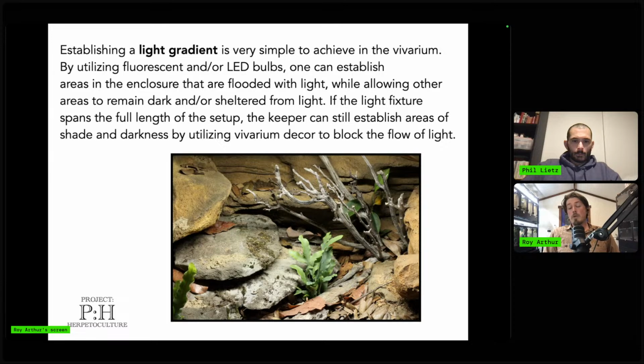These are pretty shy lizards that in their native range very rarely leave these rock crevices. So my goal was to establish an enclosure where they could move through crevices and through darkness from one side of the enclosure to the other without ever being in full light. And you can see how that's easily achievable in the way that this enclosure is laid up.